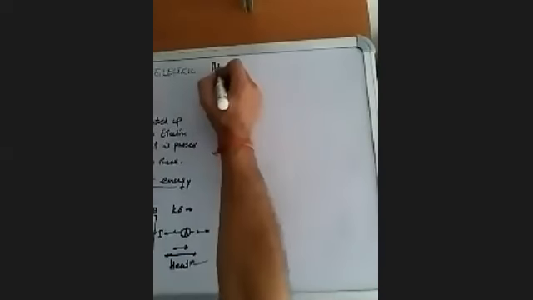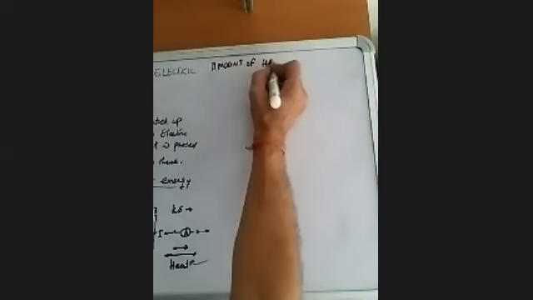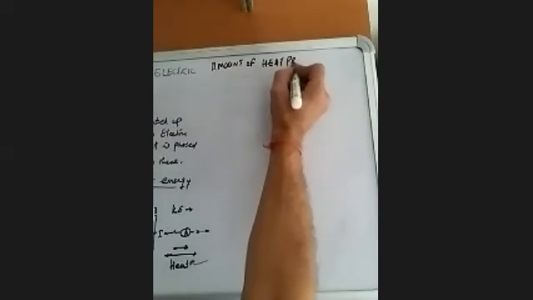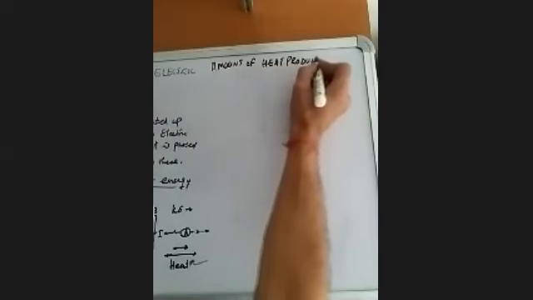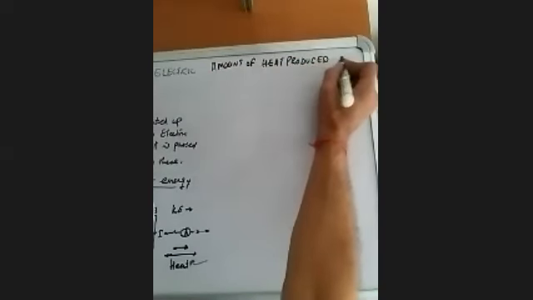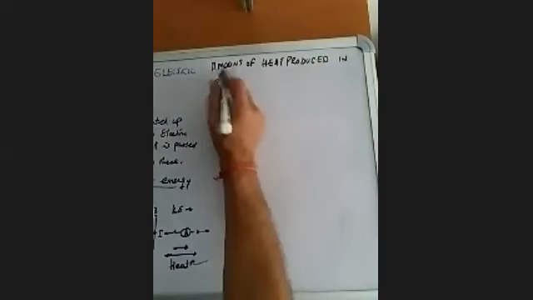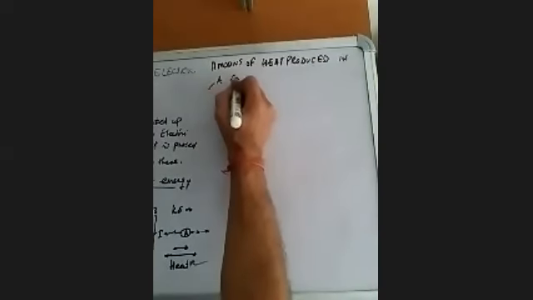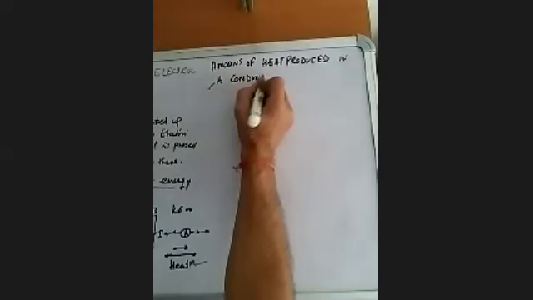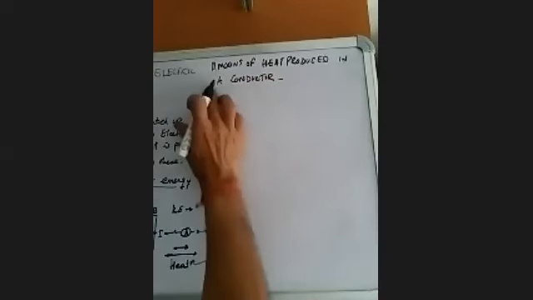Amount of heat produced in a conductor when a current flows through it.